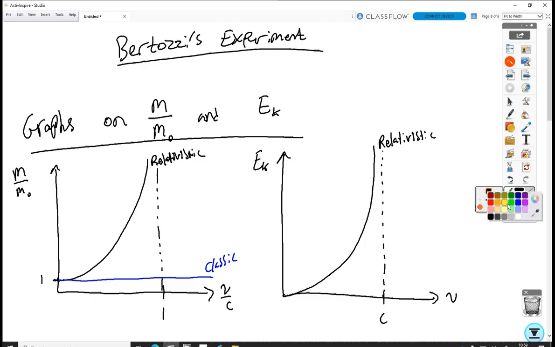But the classical approach would give us a quadratic function instead. So the classical suggests that because it's a quadratic function, half mv squared, if you just keep increasing the energy, then v will continue to keep increasing as well.